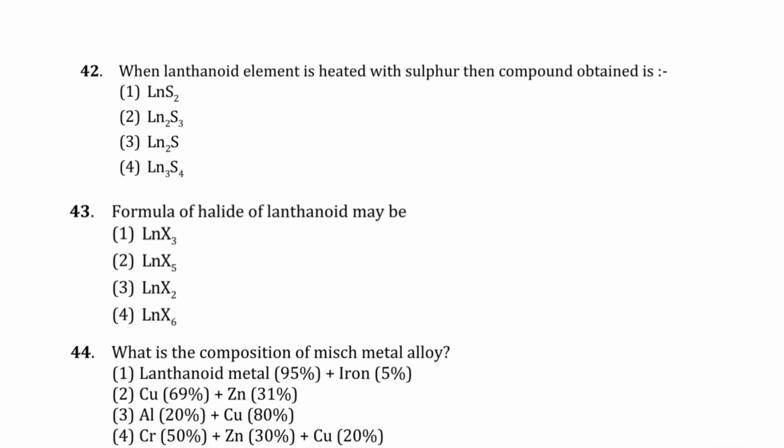42. When a lanthanide element is heated with sulfur, the compound obtained is... Ln means all lanthanide elements; it is the symbol for all 14 elements together. It is in the plus 3 oxidation state, the common oxidation state of lanthanides. Sulfur is minus 2.